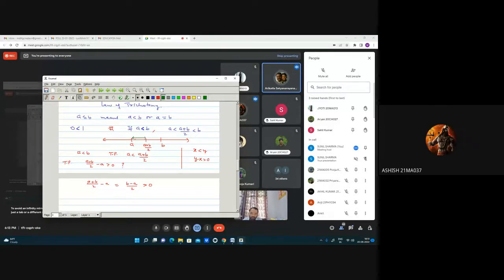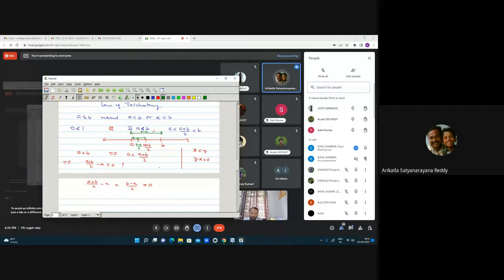The entire distance b minus a is the distance between a and b, and b minus a by 2 is the distance between a and a plus b by 2. That means a plus b by 2 exactly lies in between a and b. We can see that too.